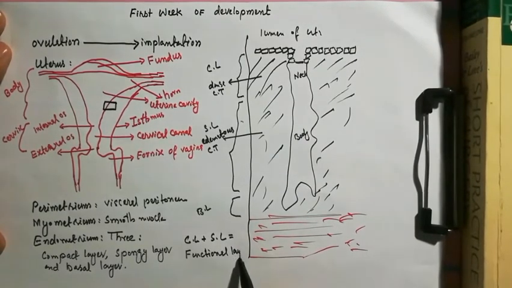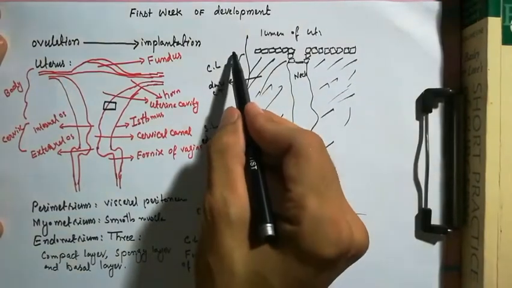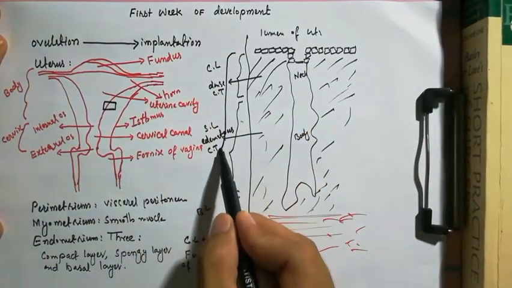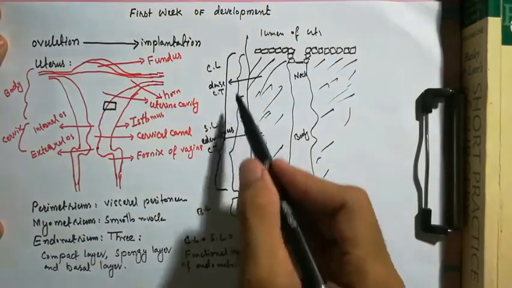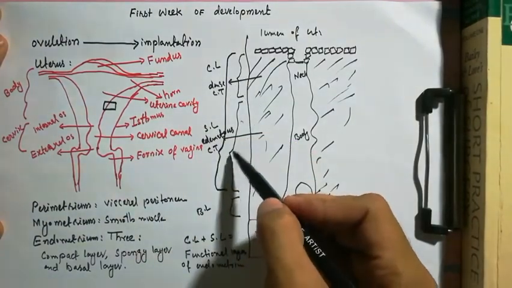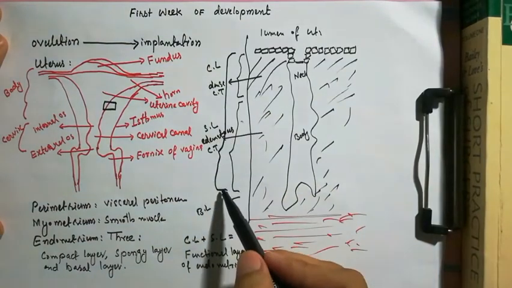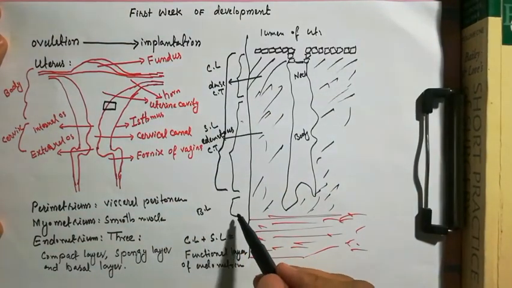Functional layer of endometrium means compact layer plus spongy layer, and this is basal layer.